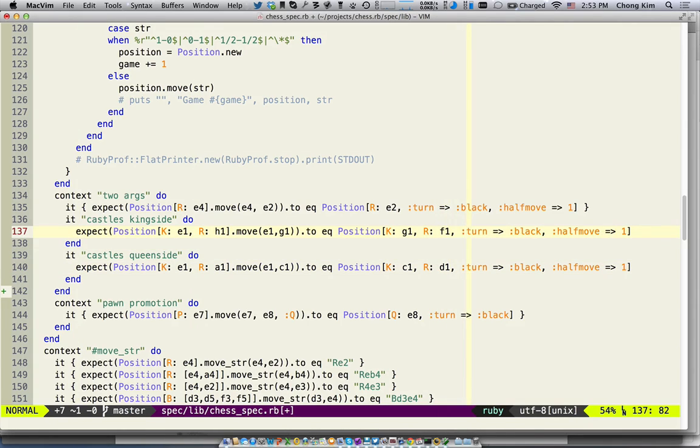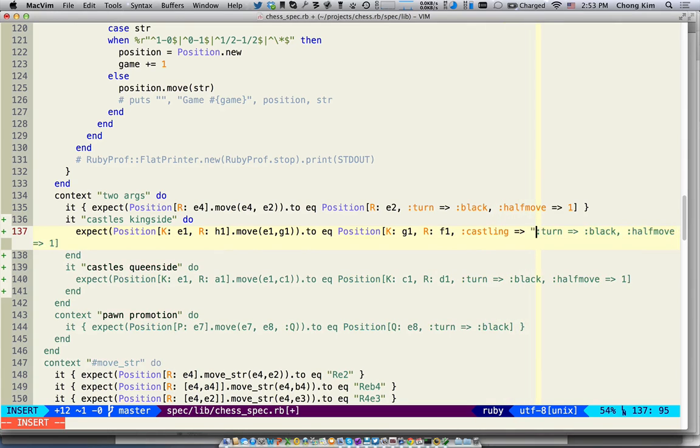There is some other. Okay. In this case, because the king and the rook has moved, the castling option should not be there. So I could just make that explicit by saying castling should be just an empty string.